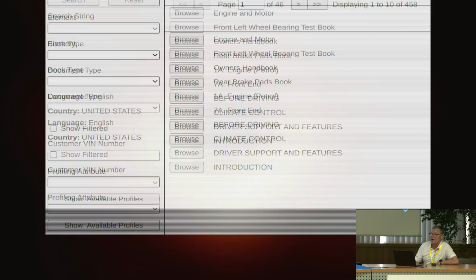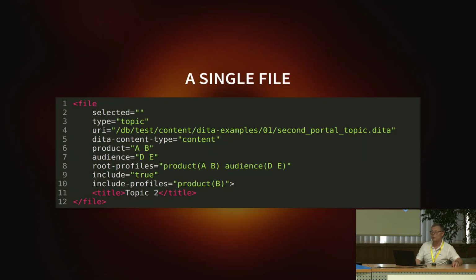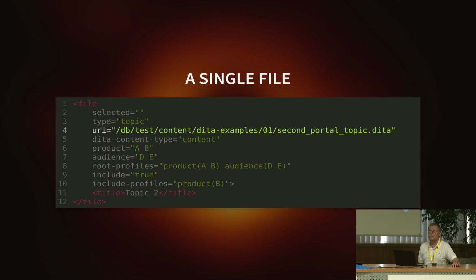So that file list is a bit of XML, pre-generated, because if you have 1 or 2 gigs of data, that will take a while to process everything. So it's pre-generated, so you can just serve the right kind of file. So if we look at the file list here, single file, can you see this properly, hopefully? For a single file, I'm obviously pointing out where it lives, because I'll need that information.